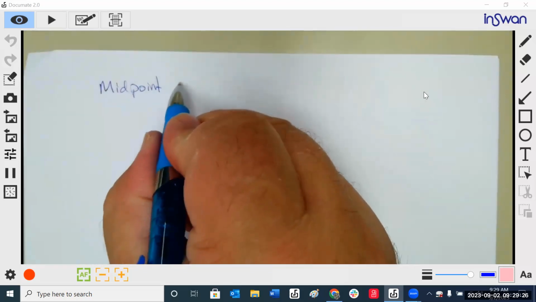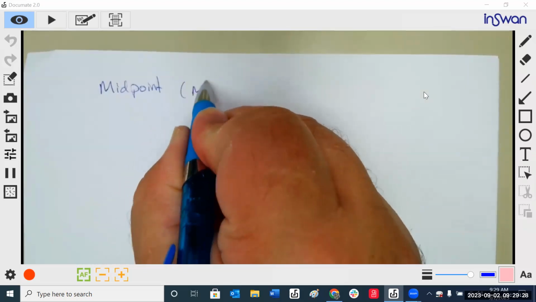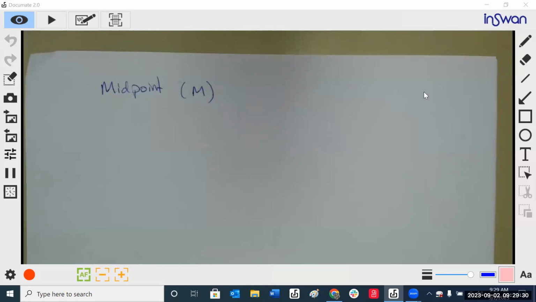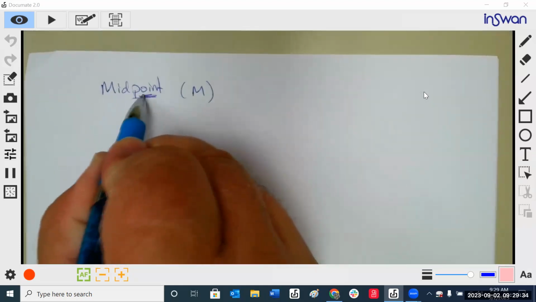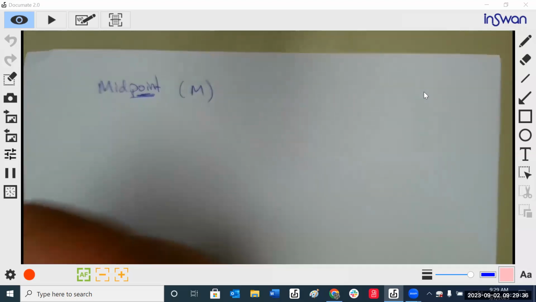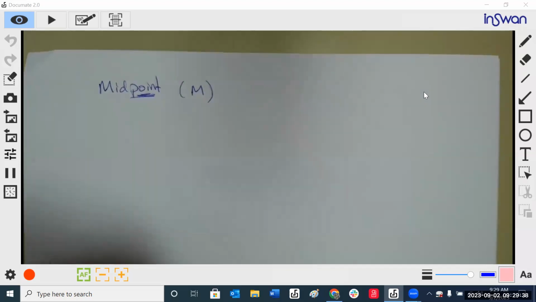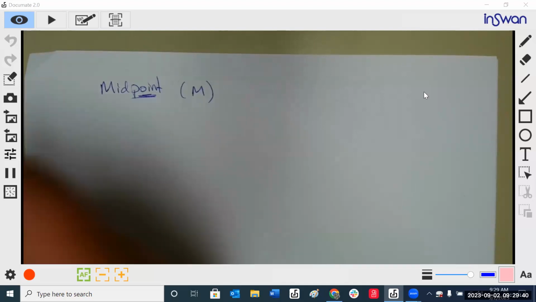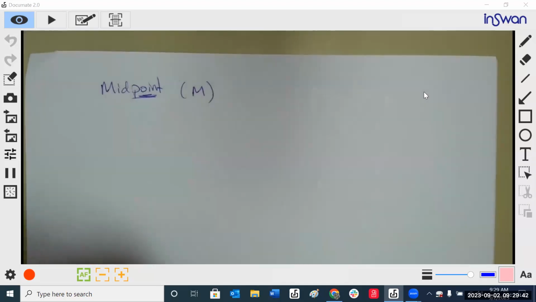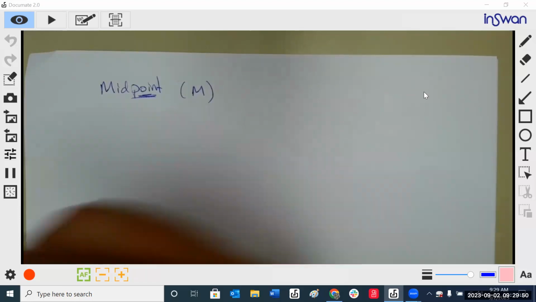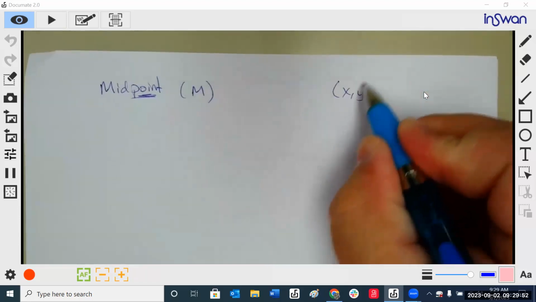The symbol we use for that is the capital M. Remember, it's a point. If it's a point, what form does it come in? X and Y. A point has to be X and Y.